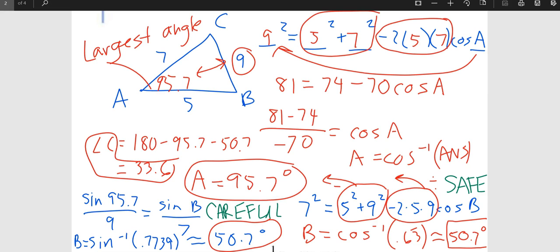So my suggestion is to use the law of cosines twice, right? Once to find angle A, once to find angle B. Then I can switch to my basic geometry stuff, where I'm subtracting those to find out angle C is 33.6. That's what I would do.